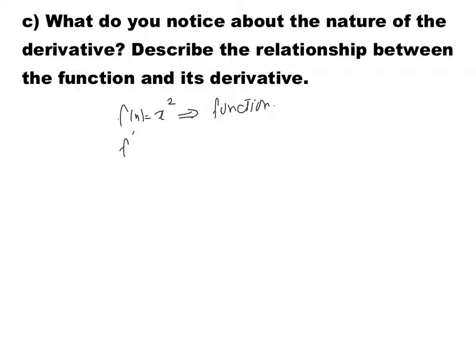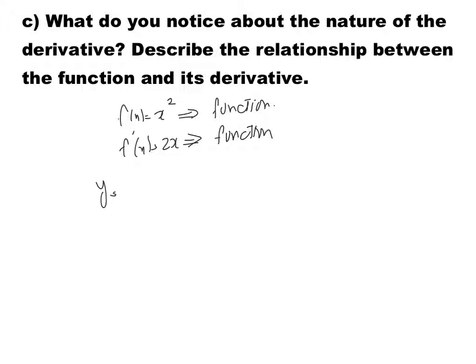The derivative of this function, f prime of x, is 2x, which is a linear function, which is also a function. So we can see that the function and its derivative are both functions. And also, the derivative can tell us the slope or the rate of change at any point.